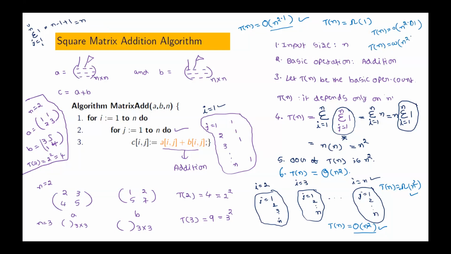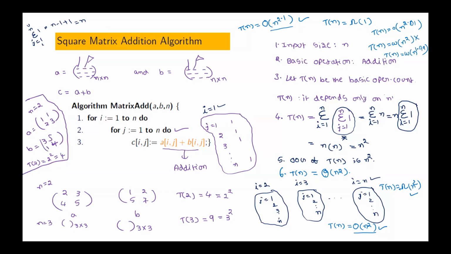Little omega of n square. Is T of n little omega of n square correct? No, sir, this is false. But n power 1.99 is correct. So once we know the order of growth, whichever notation we want, we can represent it using that notation.